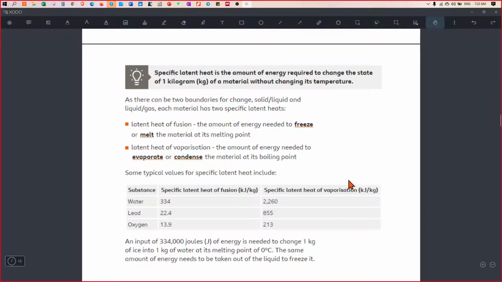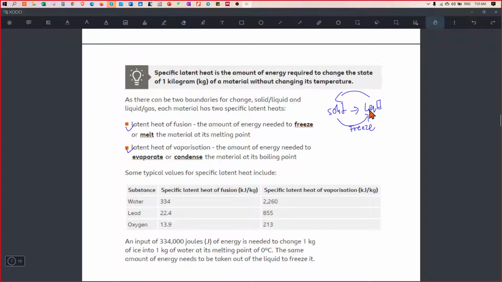Okay, so I just put a bit more here about the earlier introduction to the terminologies. So you have the latent heat of fusion and also the latent heat of vaporization. Remember, heat of fusion is from the solid to liquid without the change of temperature, or maybe the other way around.